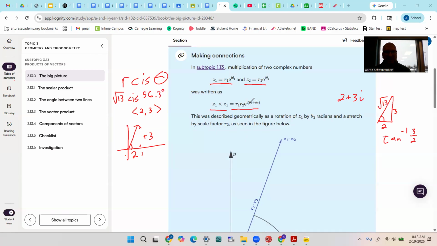Usually Euler form would be done in radians. So on the calculator it does converting that to radians. 0.983. So Euler form would then be, hmm, it just is.